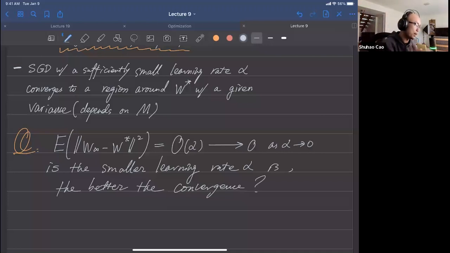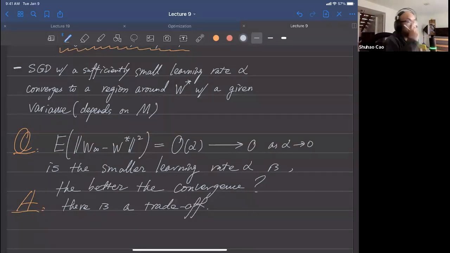The answer is no, by the way. There is a trade-off. Generally we cannot have this dichotomous answer of yes and no, but there's a trade-off. It's called the no free lunch theorem.